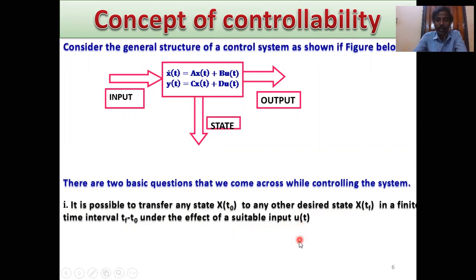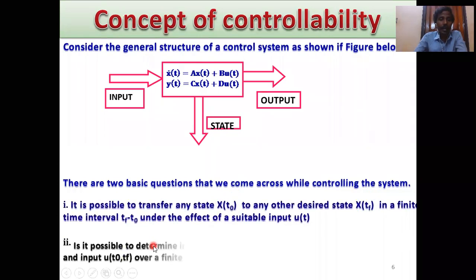So this is the initial state x of t0 and the final state x of tf, and the time interval is tf minus t0, under the effect of a suitable input u of t.